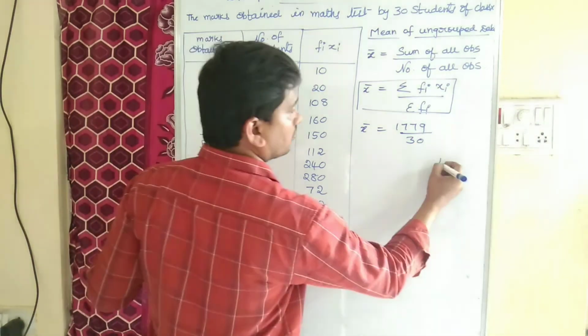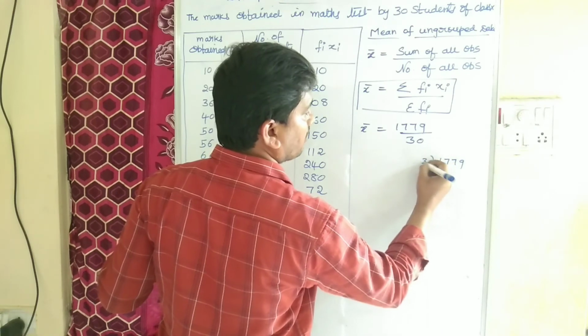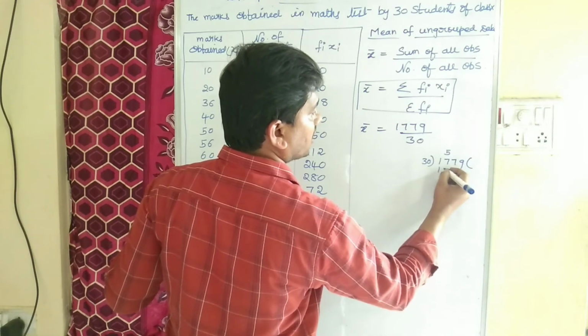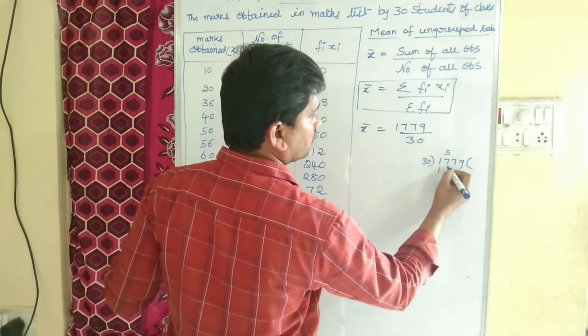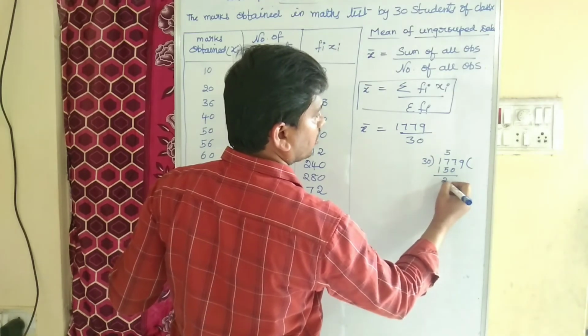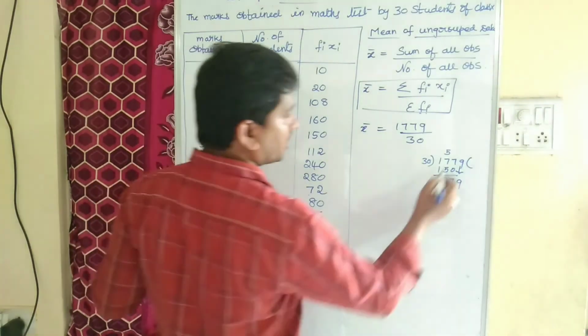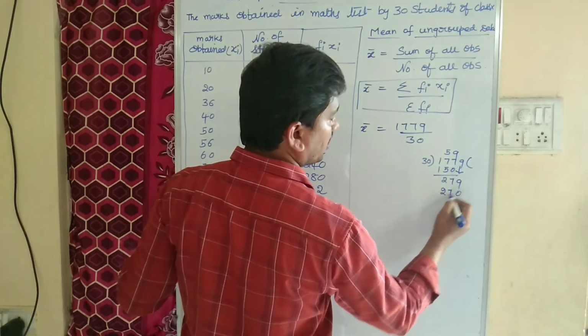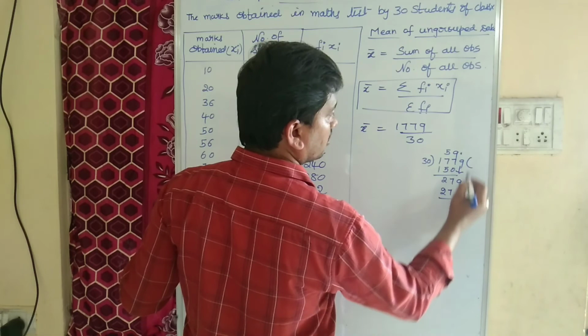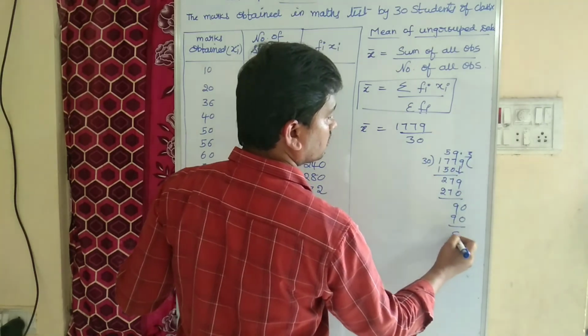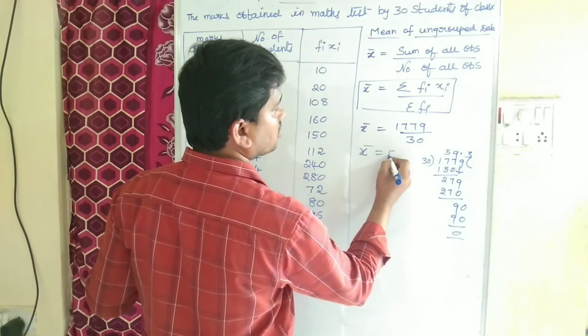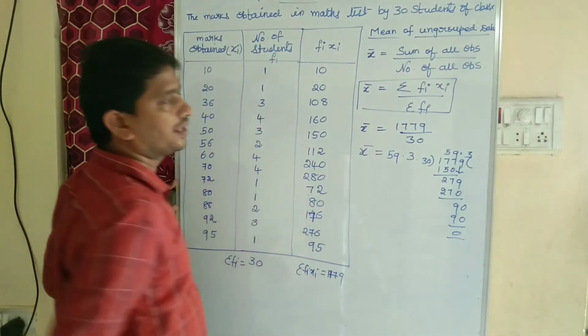Dividing 1779 by 30, we get 59.3. So what is the mean, children? Mean x bar is equal to 59.3.